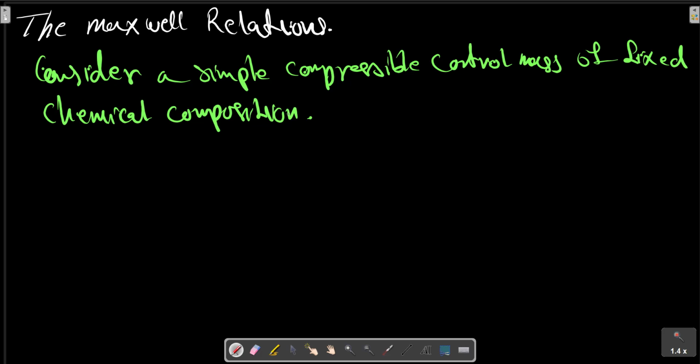The Maxwell relations which can be written for such a system are four equations relating the properties P, V, T, and S.